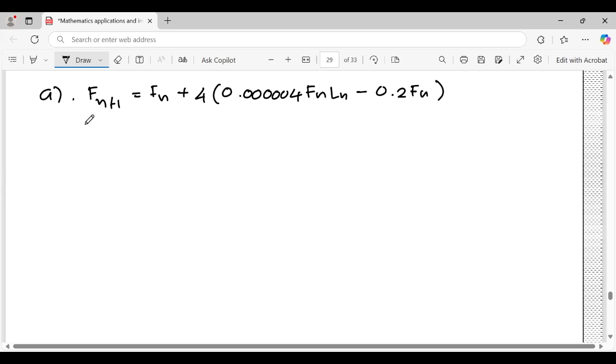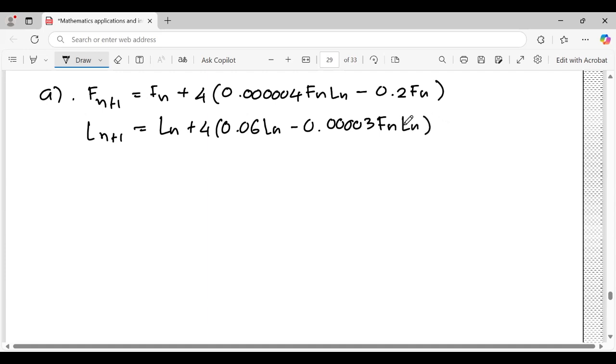And for L(n+1), Ln plus 4 times (0.06 Ln minus 0.00003 Fn Ln).